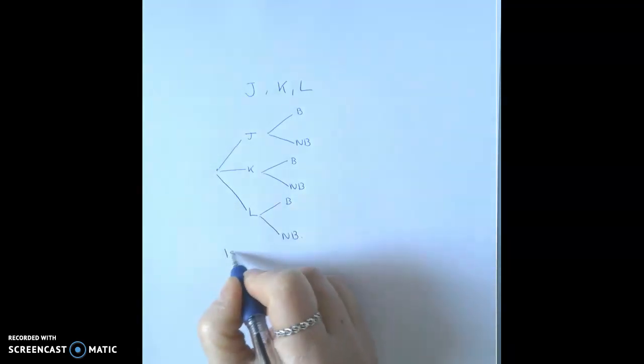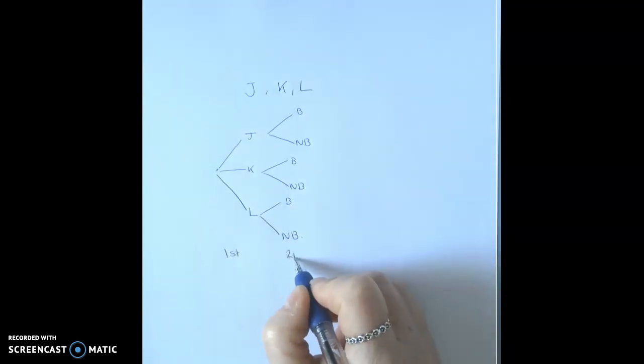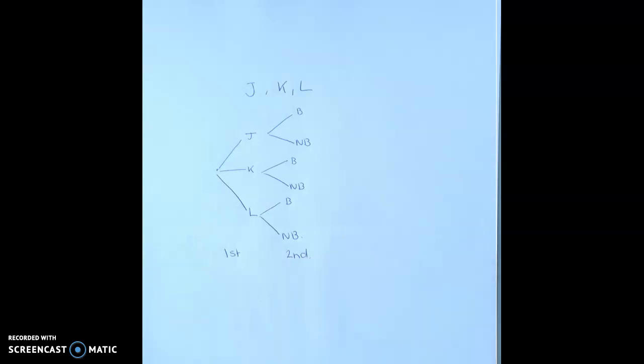That's our first and that's our second option that we can make our combination of outcomes from. So in some respects, it's a bit like tossing a coin and rolling a dice. We have two different things producing different outcomes.